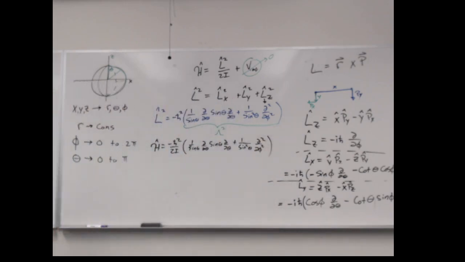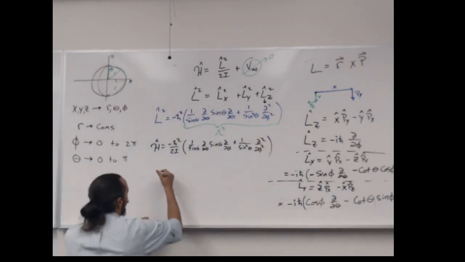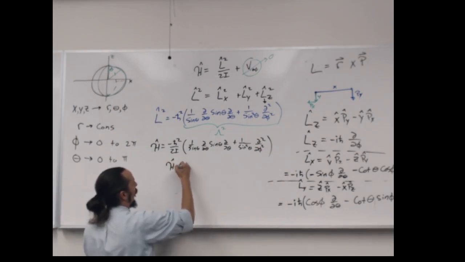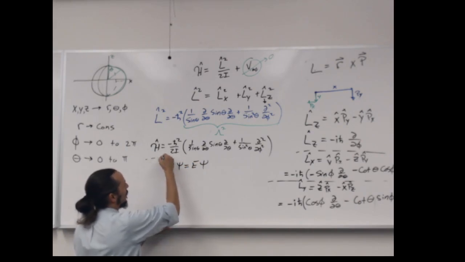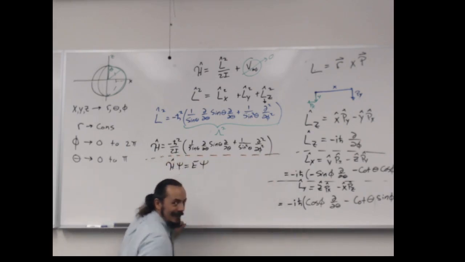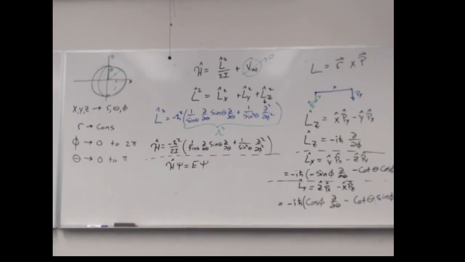So if I have my Hamiltonian operating on a function, right, back to normal quantum mechanics when it was easier, if we just have H psi equals E psi, we now can get functions for that Hamiltonian.